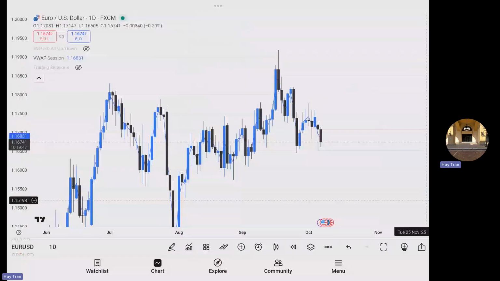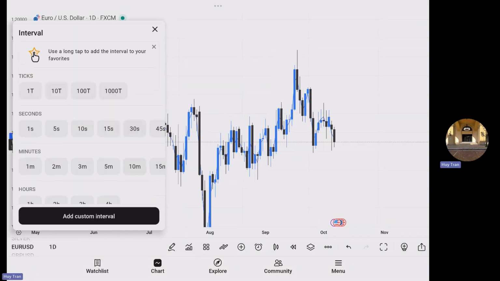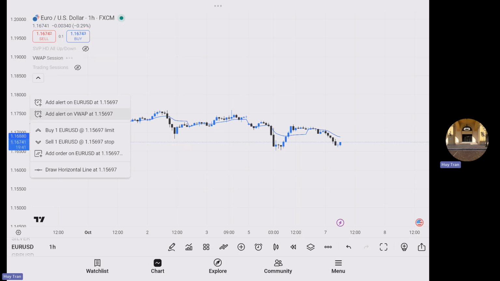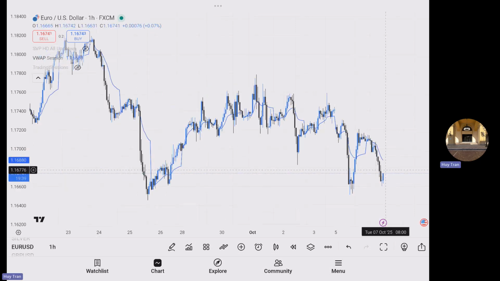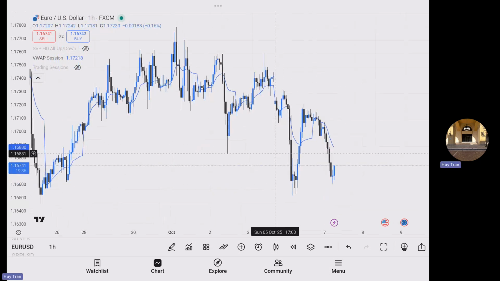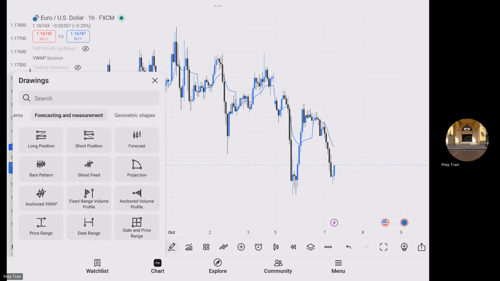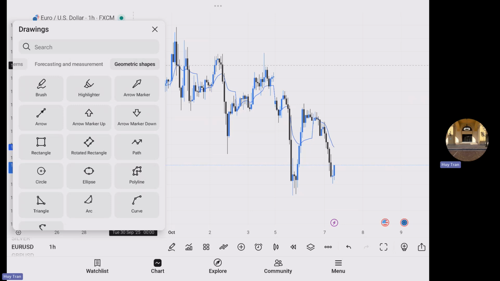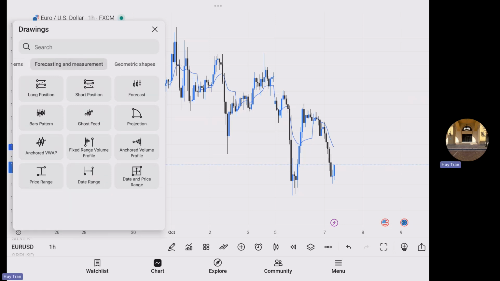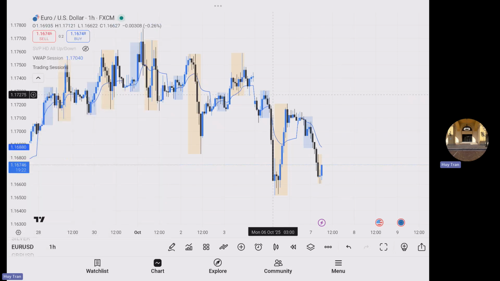I want to share my screen. So here we are, EURUSD. We're going to go to the hour. Okay, so EURUSD has been moving. We're in the London session now.